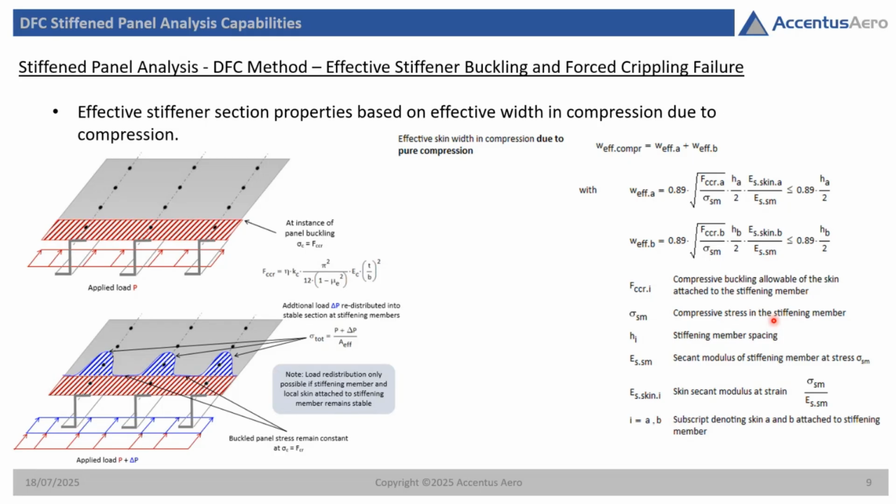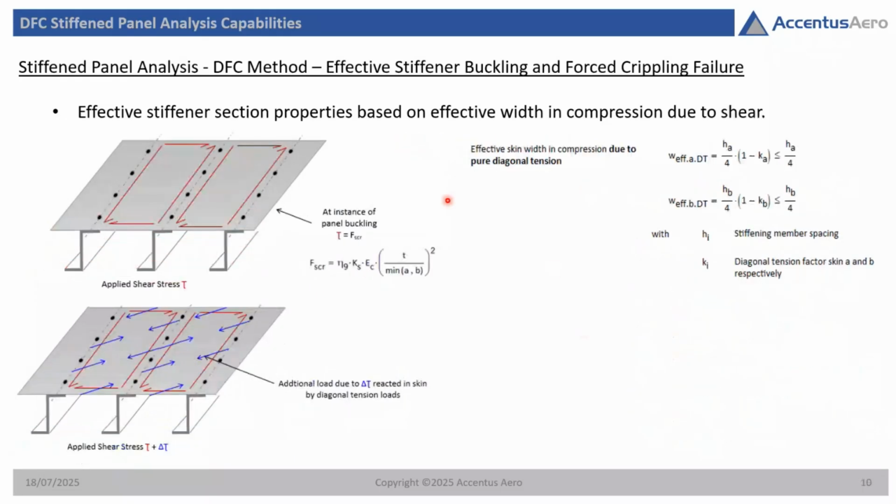In terms of our shear loads, at the instance of buckling, we just have a constant shear load in our skins, and as the load increases, that additional shear load is reacted by diagonal tension loads in the skin, and that creates a compressive load again on our stiffener, which you need to take into account.